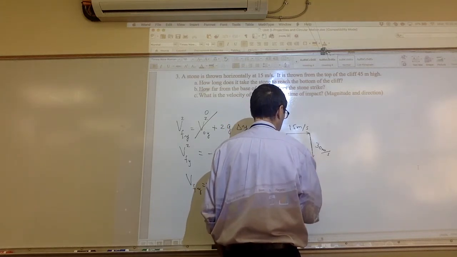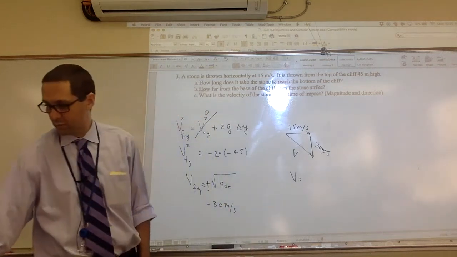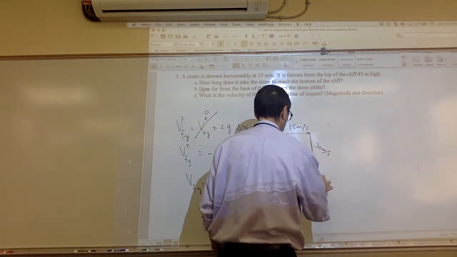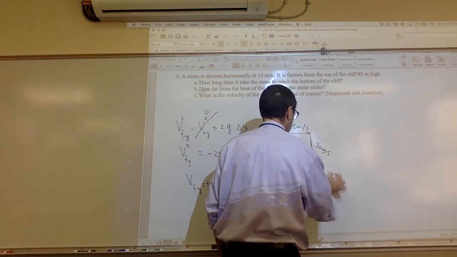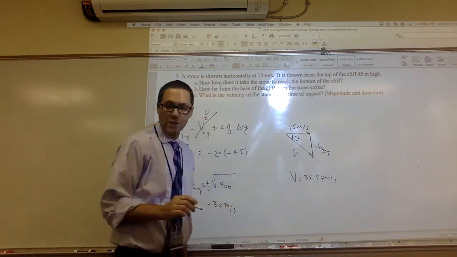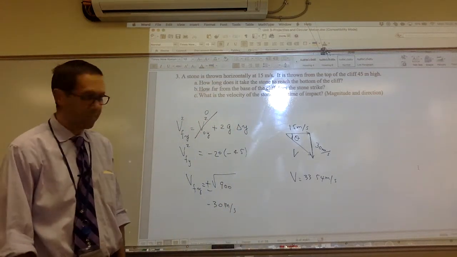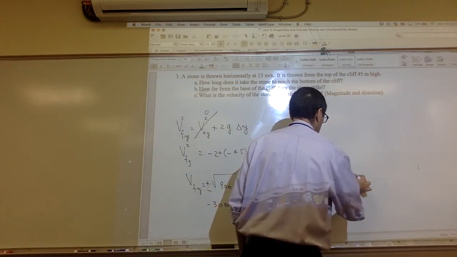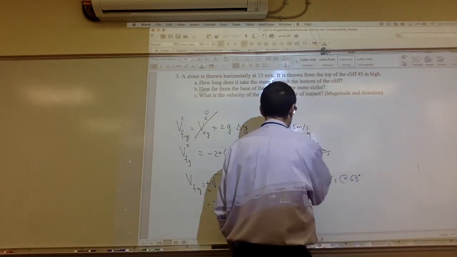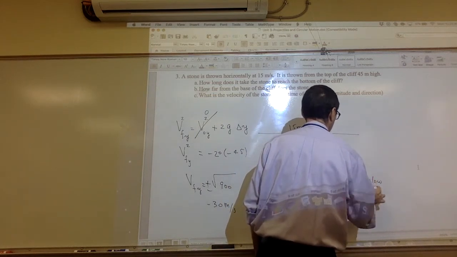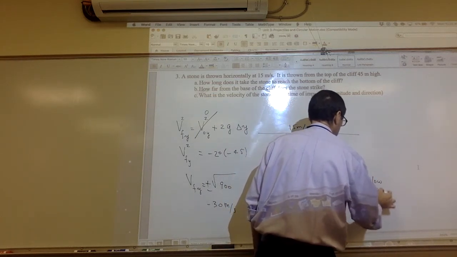So the V is equal to, you can do a Pythagorean theorem, so 33.54 meters per second, and we have to figure out what this angle here is. So you can do an inverse tangent of 30 over 15, and you should get about 63 degrees. Now that's below the horizontal. You have to write that. Below the horizontal.